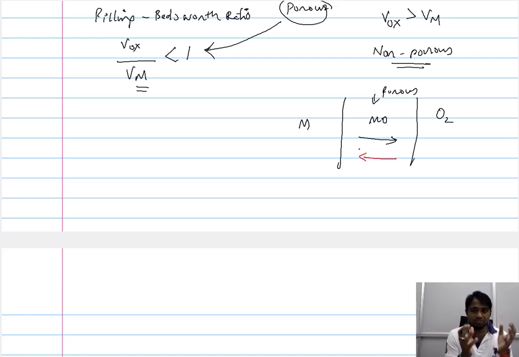So porosity is one factor that could render such a behavior, and mobility of the diffusing ion could be another. Irrespective of what factor renders the high mobility of the ion within the metal oxide, when you have high mobility, the rate at which the metal oxide grows does not depend on the thickness of the metal oxide.